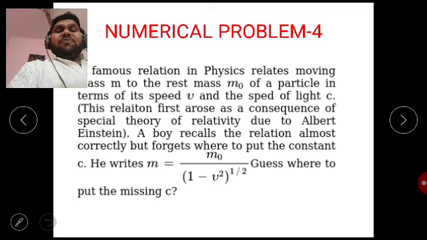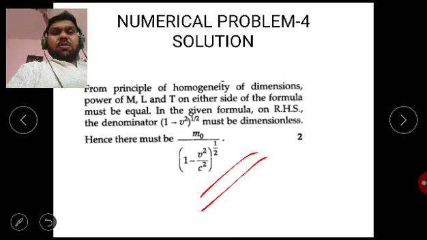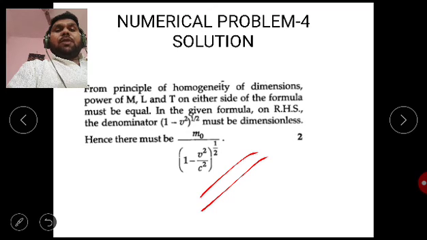We are going to nullify it by putting an extra c² in the denominator, and we are going to put it here. So the new formula will be m is equal to m0 divided by (1 minus v²/c²) to the whole power 1 by 2, or the square root of 1 minus v² by c².